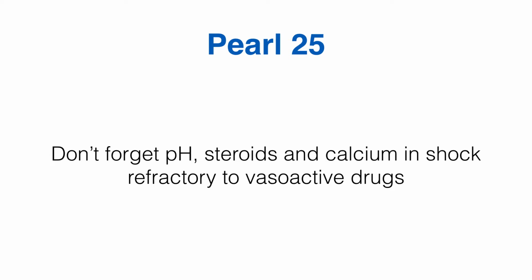That's for relative adrenal insufficiency. High dose steroids trying to suppress the immune response have been shown to have a worse outcome and increased mortality in sepsis. So all you're trying to do is supplement what the adrenals would normally be doing.